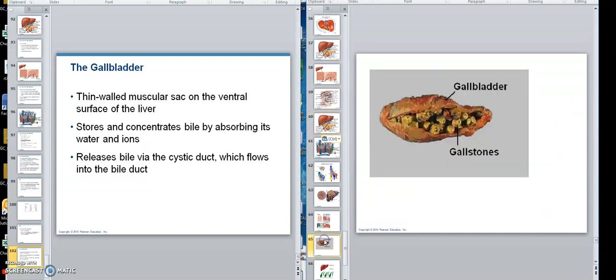Here I want to show you gallstones. These are gallstones that can form for many reasons: too much cholesterol, too little water, all kinds of different reasons. Some people are just prone to them.